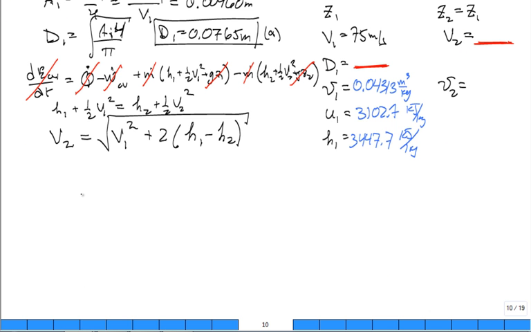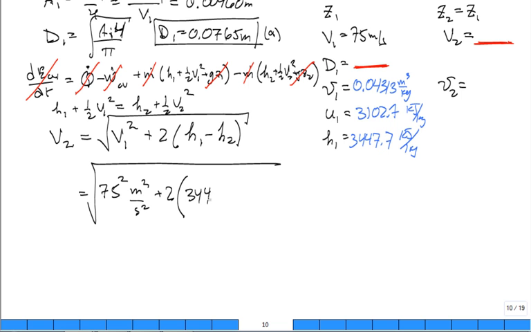So we're going to have 75 squared meters squared per second squared plus 2 times enthalpy 1, 3447.7 minus, oh, I have to go over here. I don't need U2, I really need just H2. Yes, and somebody's calling it out for me already, 3422.2 kilojoules per kilogram. So I have to get H2 out of the tables.